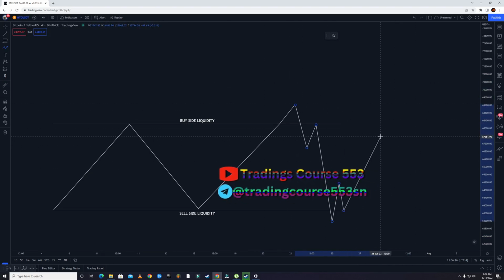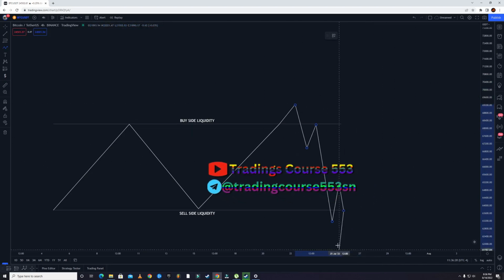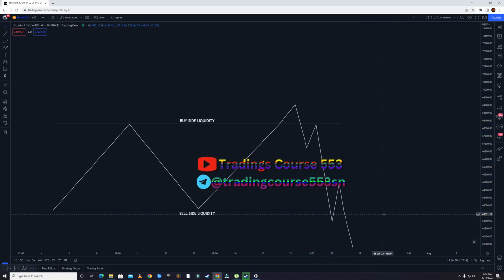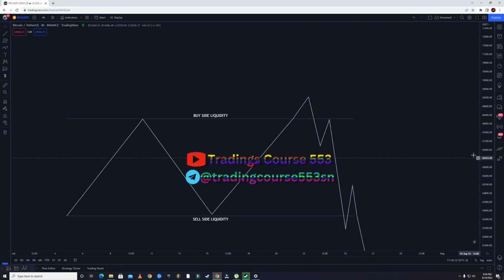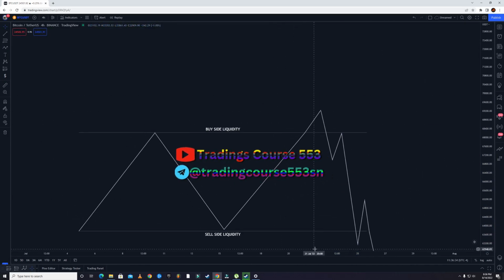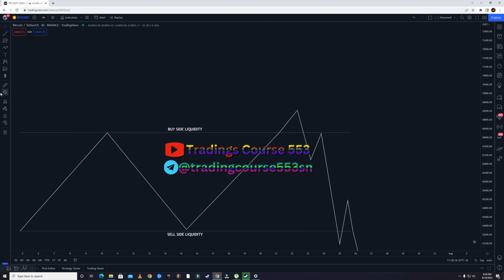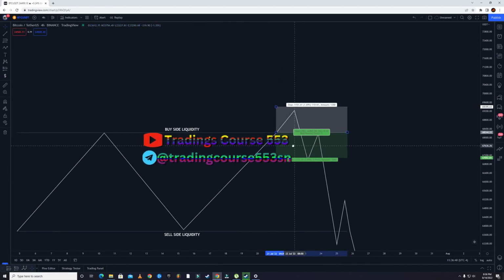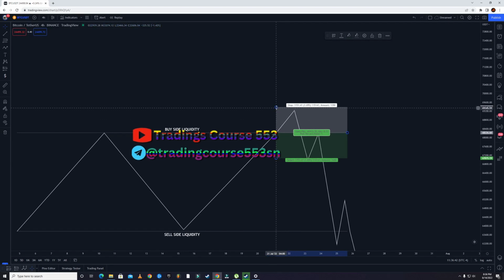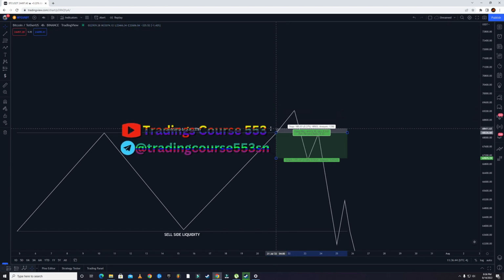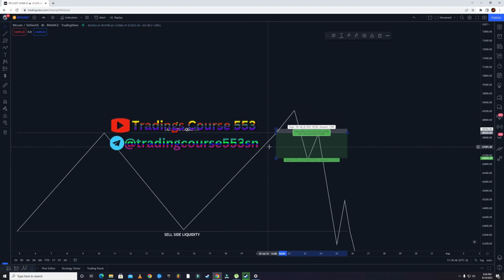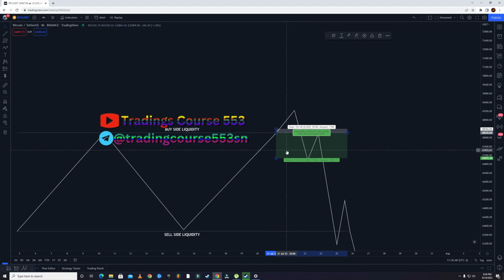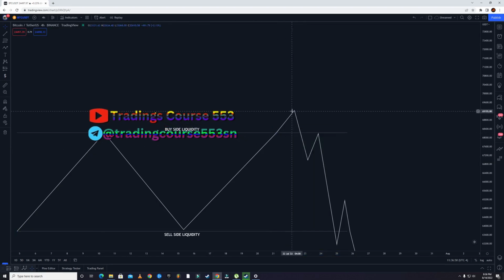All right, so I'll assume that it just goes down. So now what really happened here? A lot of retail traders go short on the resistance level and they put their stop losses right above the resistance level. All right, so what price does, it stops you out.